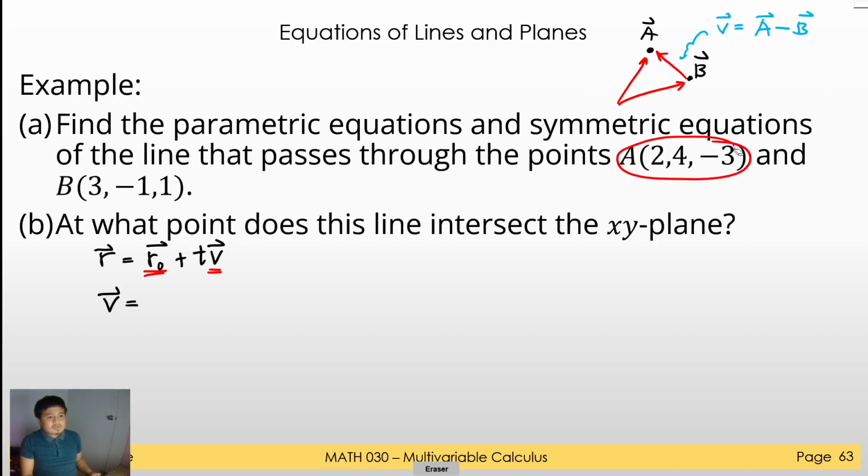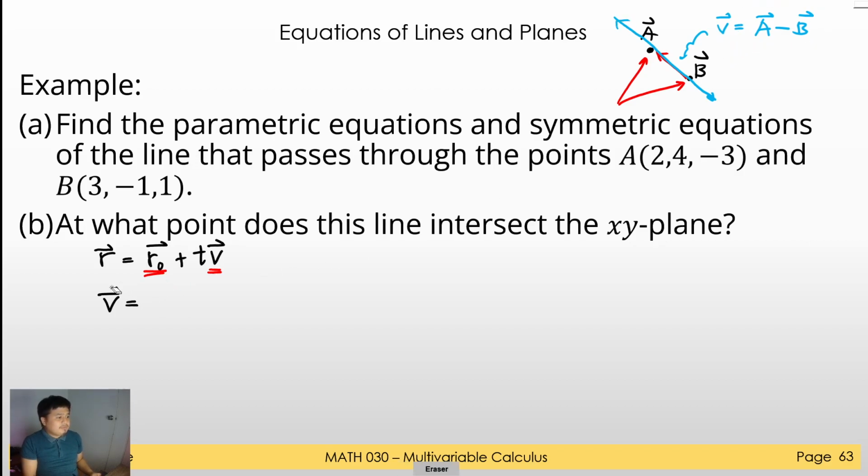So subtracting these two points gives us a new vector, which represents the line. In your pre-calculus course, you wanted to find a slope, but here we want to find a direction, and this vector represents this direction.